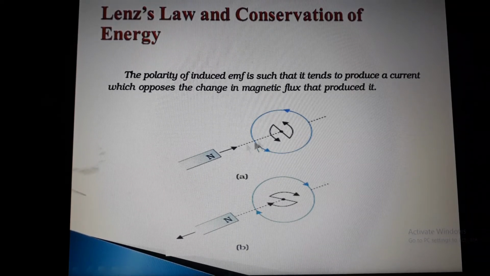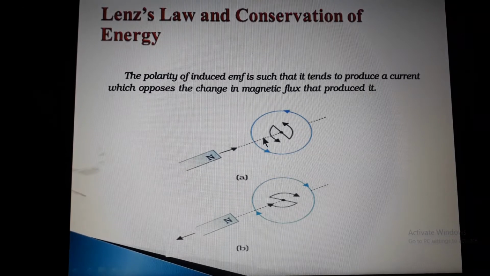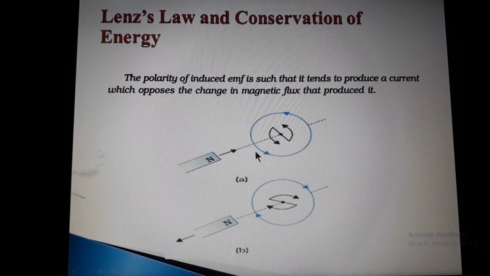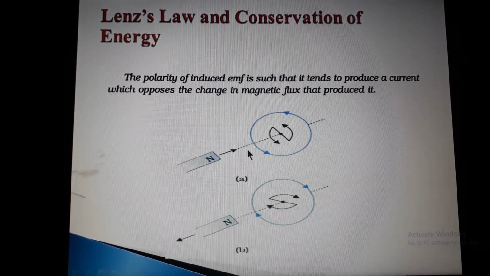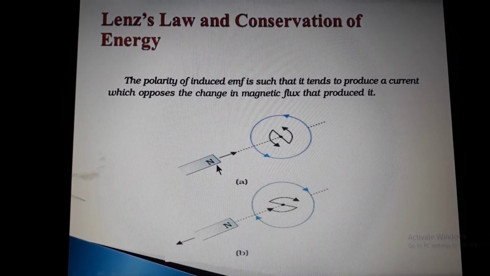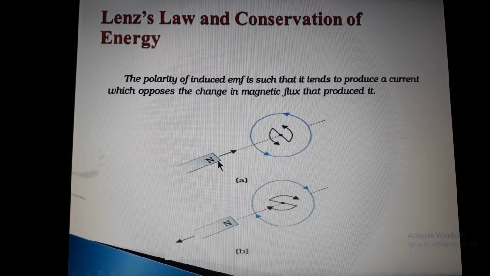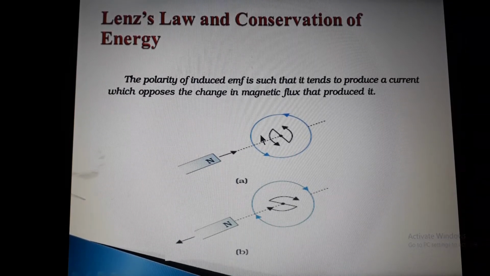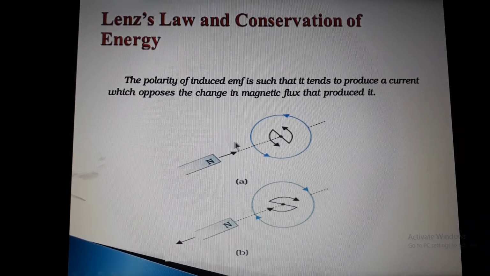At that time, when the magnet moves towards this coil, magnetic flux is generated, and the intensity of magnetic flux is increased, because the number of magnetic field lines which interact with this coil is more.